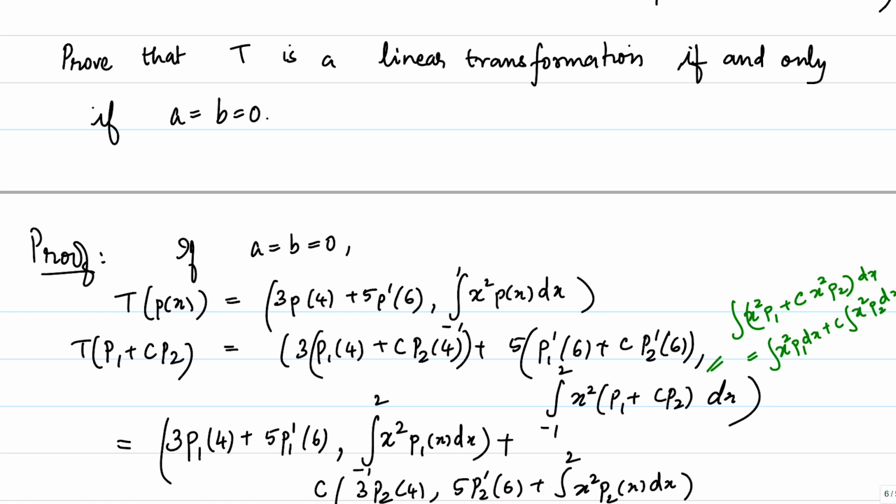The problem arises, or rather the more difficult side comes in the forward direction, wherein if you have the assumption that T is a linear transformation, we want to prove that A is equal to B is equal to 0. So in order to do that, let's do one thing. If T is a linear transformation, what do we know?